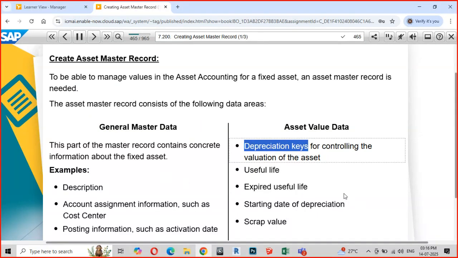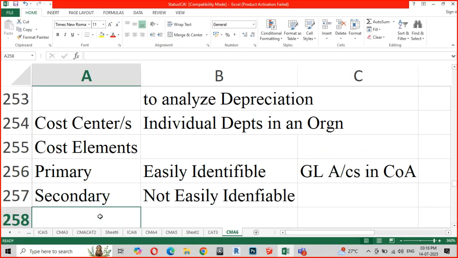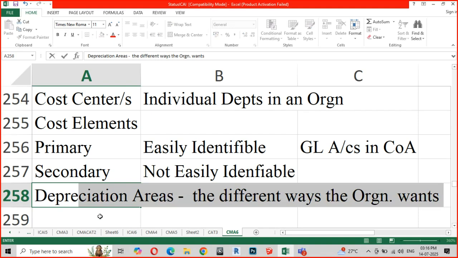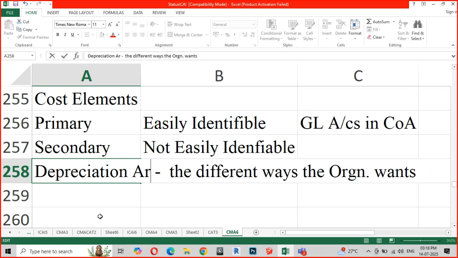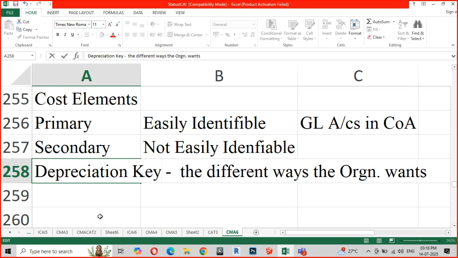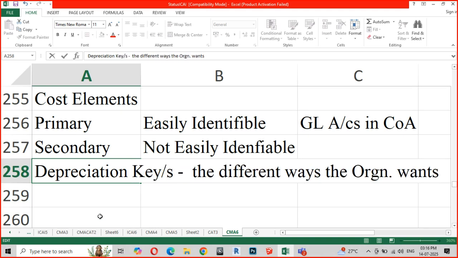All right. So what is a depreciation key? Depreciation key or keys.